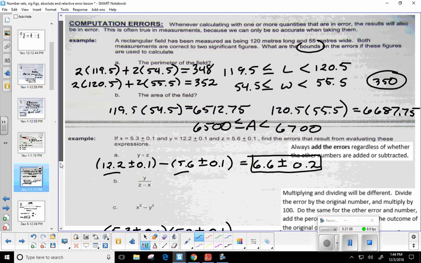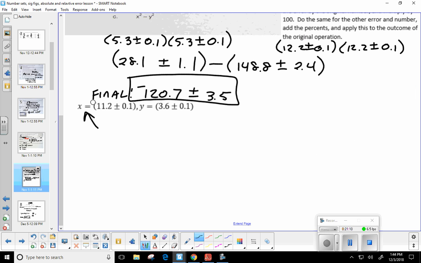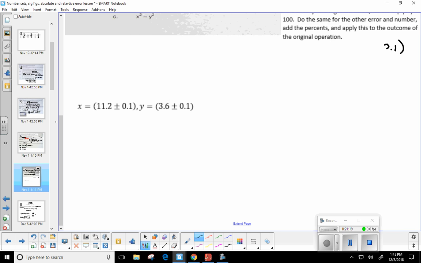This one here that we were talking about the other day. You want to try this one on your own? Okay. So let's say x equals, let me go ahead and erase these so you don't have everything running together. So let's say x equals 11.2 plus or minus 0.1, and y equals 3.6 plus or minus 0.1.